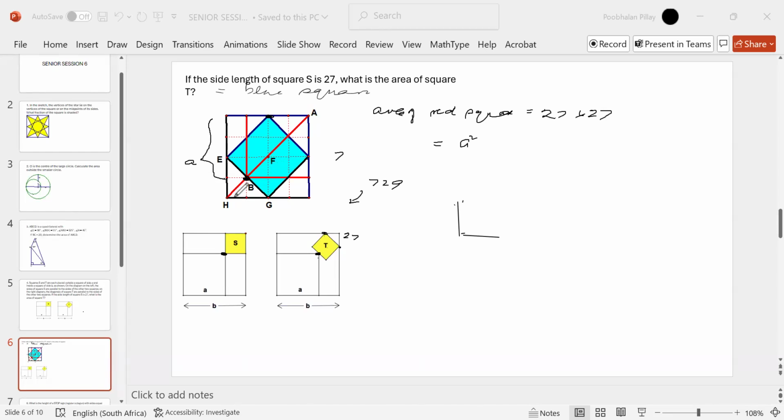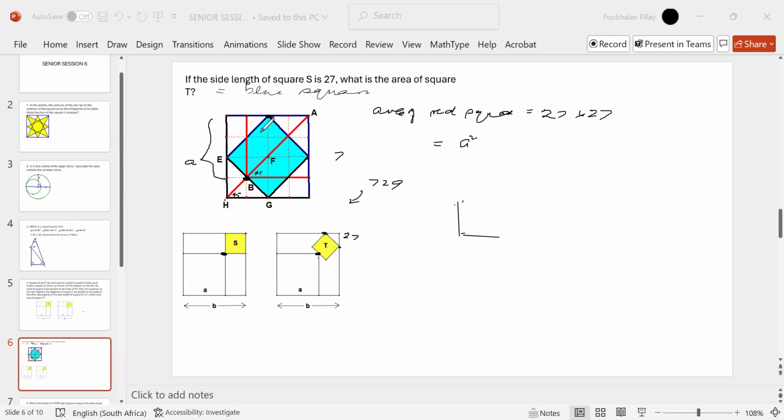And so this angle here is 45 degrees. So when you extend this thing here, this angle is also 45 degrees, right? Because this is the diagonal of the small square. So when you extend this, it's going to go up there because these lines are parallel, you see. So it'll go up to that point.